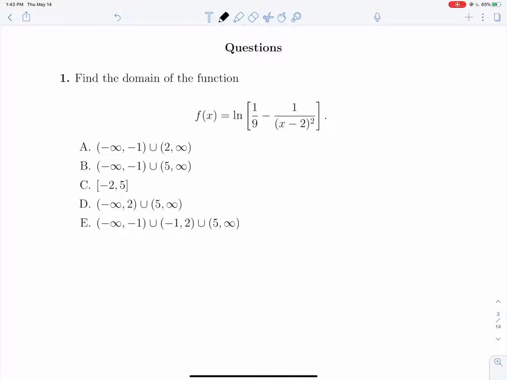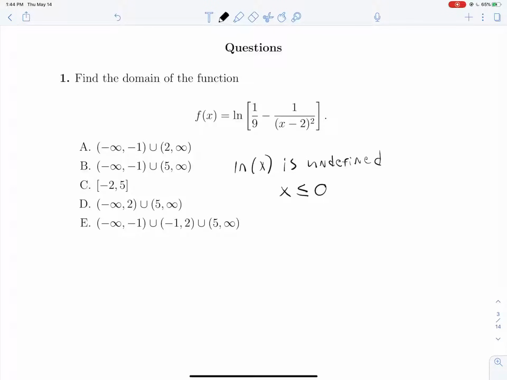So really all we have to care about is where the natural log of x is undefined. And that will occur for x less than or equal to 0, because really what the natural log will return is the power that you need to raise to get a certain value.